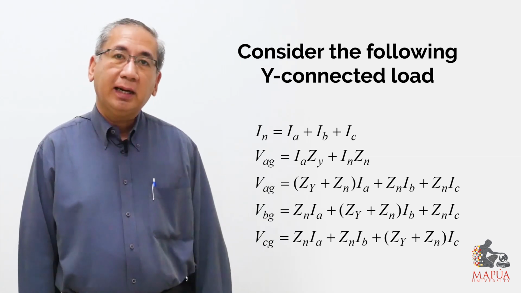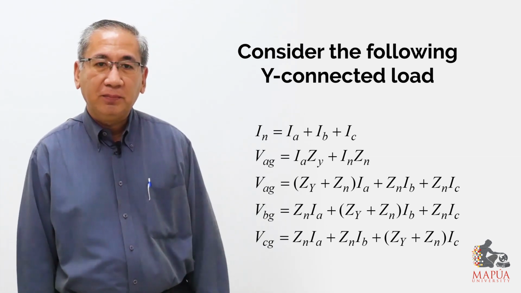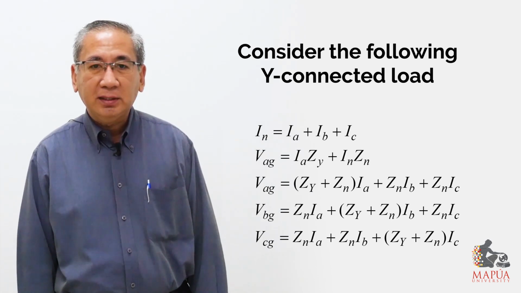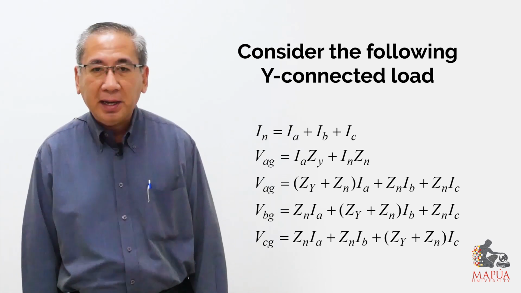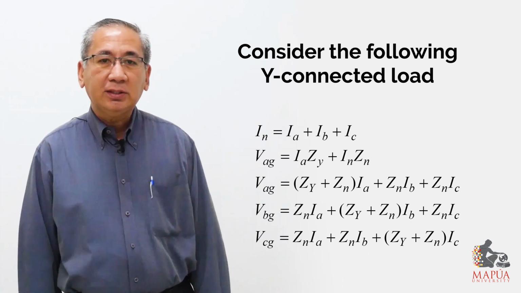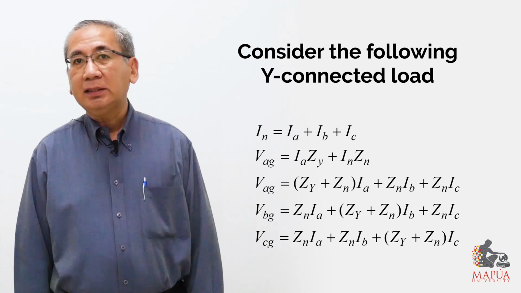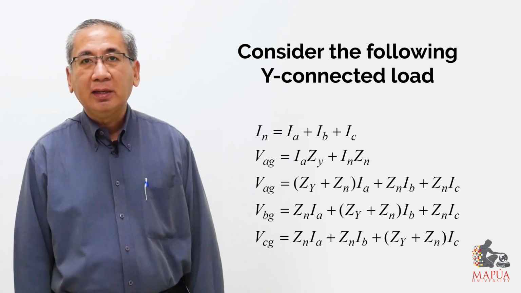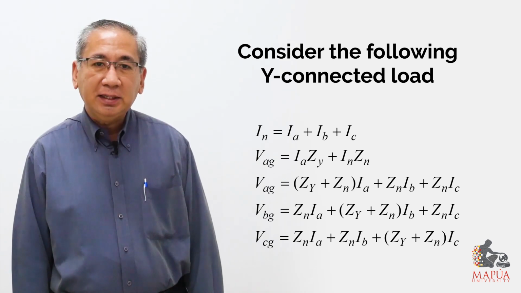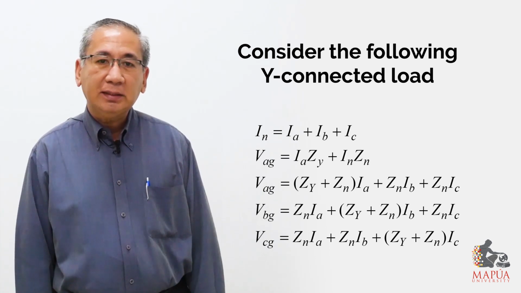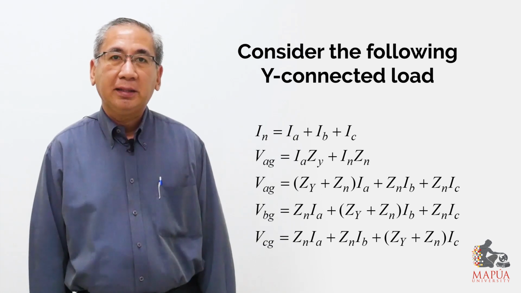And substituting IN into that equation of VBG, we arrive at VBG equal to ZN IA plus the quantity ZY plus ZN multiplied by IB plus ZN IC. And for VCG, that is now equal to ZN IA plus ZN IB plus the quantity ZY plus ZN multiplied by IC.